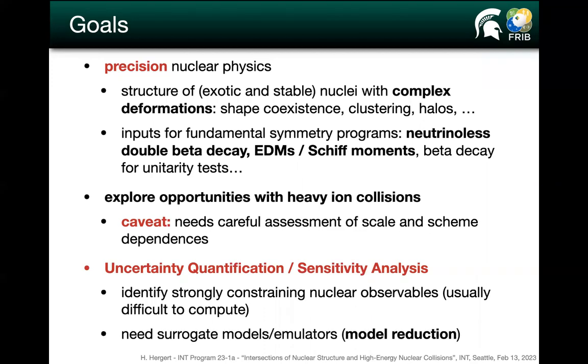Now, to help offset those computational costs, we need surrogate models or emulators, or more generally think about model reduction, which has become a very active line of research in our community as well. And there's a huge body of work out there in mathematics, applied mathematics, engineering.